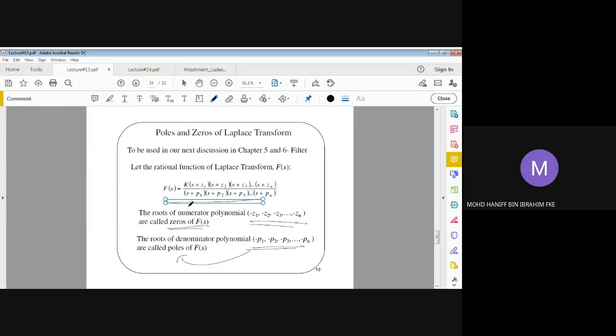So zeros are the roots of the numerator, and poles are the roots of the denominator, for your Laplace transform term F(s). This is very important because later on, when we learn about filters in chapters 5 and 6, we are going to learn about the zeros and poles concept of your transfer function.